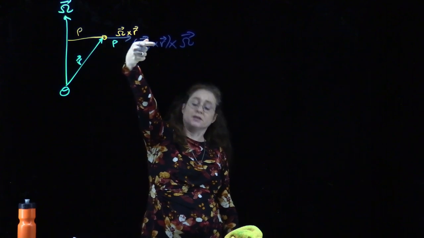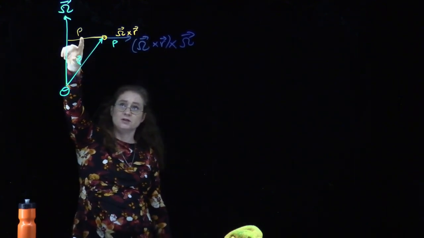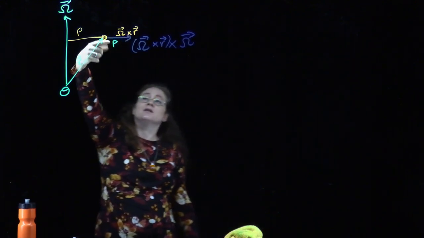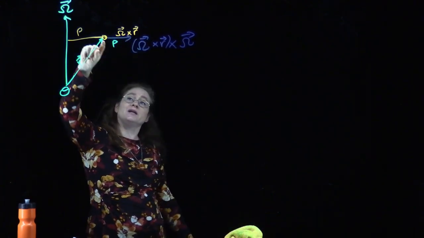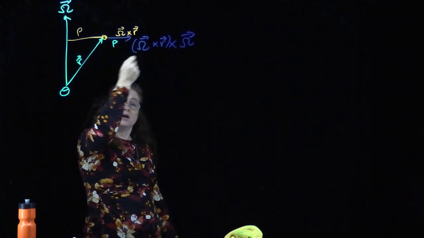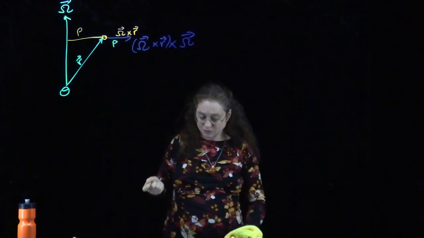And what you see is that the centrifugal acceleration is always, this sort of makes sense, the apparent acceleration because this point is rotating like this due to the rotation of the Earth.